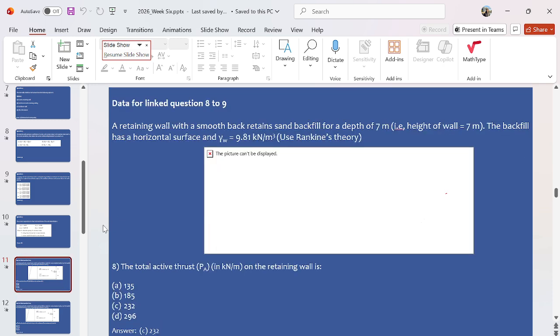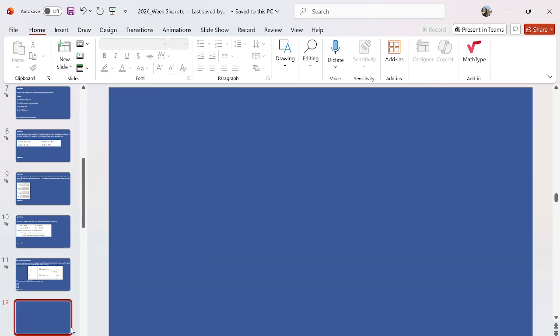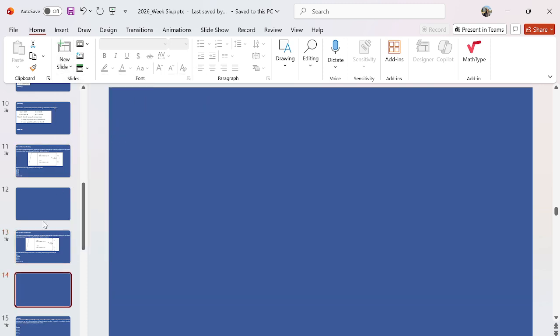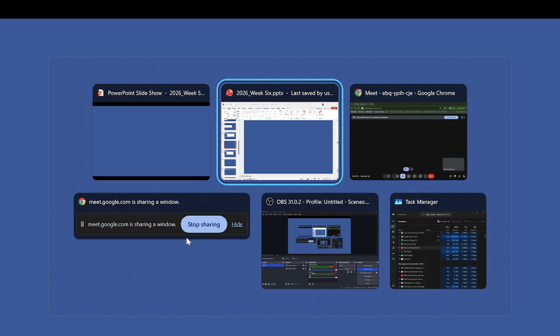It was there but it can't display. So first evaluating this.